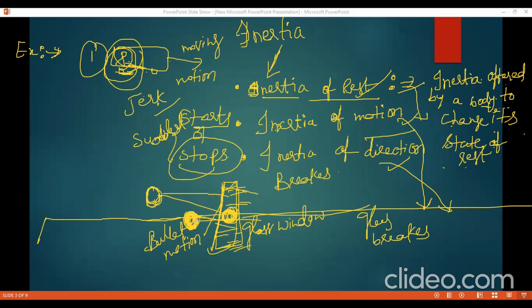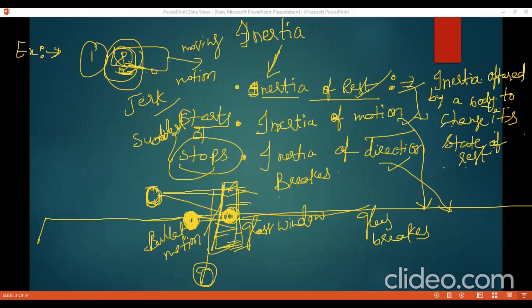A bullet is small in size, whereas a stone is somewhat big in size, so inertia is more here. Because of more inertia, the stone hits and falls down right there. It is not going inside the glass and making a hole.